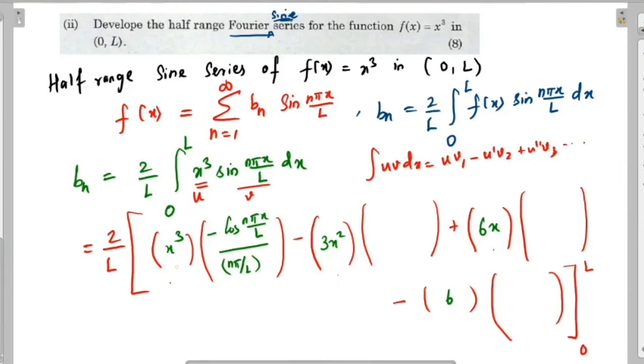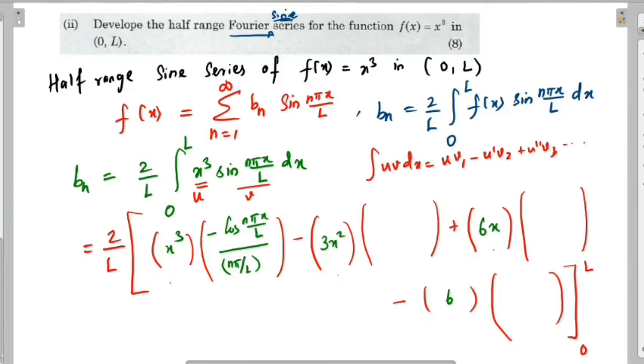If you want to fill the first term, you have to put the successive differentiation of x^3. In the second term of each close bracket, you have to put successive integration of v, but you have to start with the first integration. In the first term, you have to start with the same term, and after that do successive differentiation. So try to apply correctly.